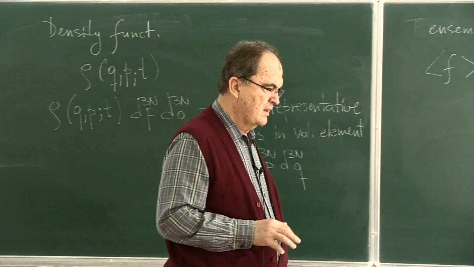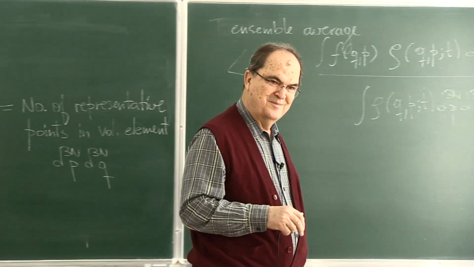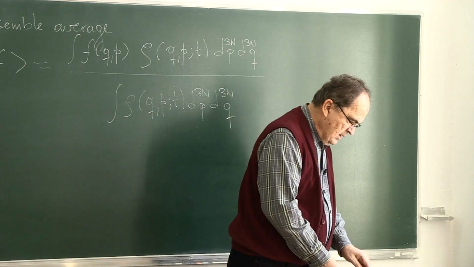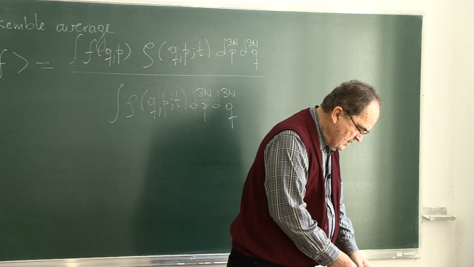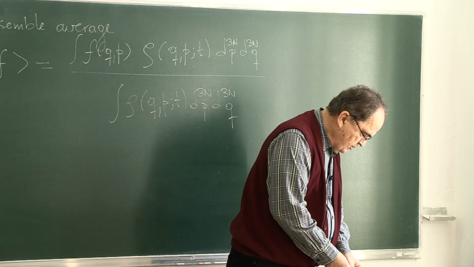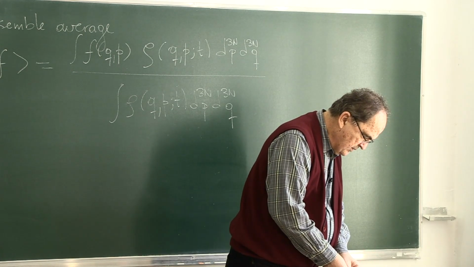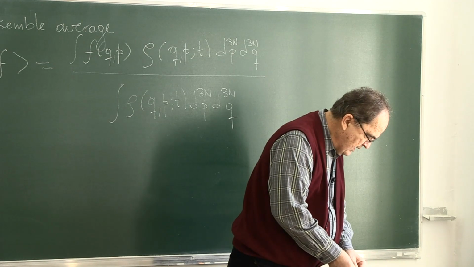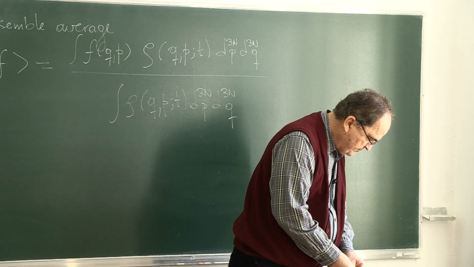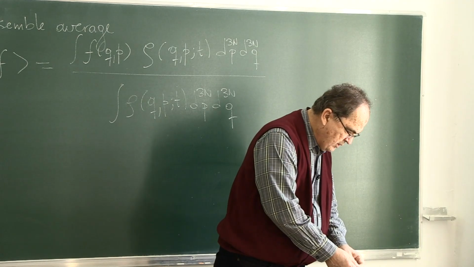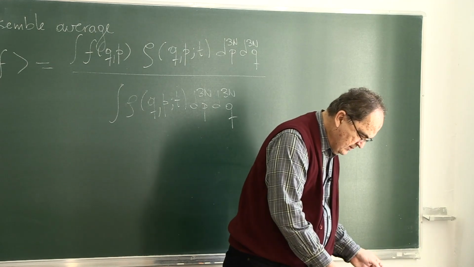Okay? Canonical is the next chapter. Now, what are we trying to do? Let's try to see what's the aim for a microcanonical ensemble.